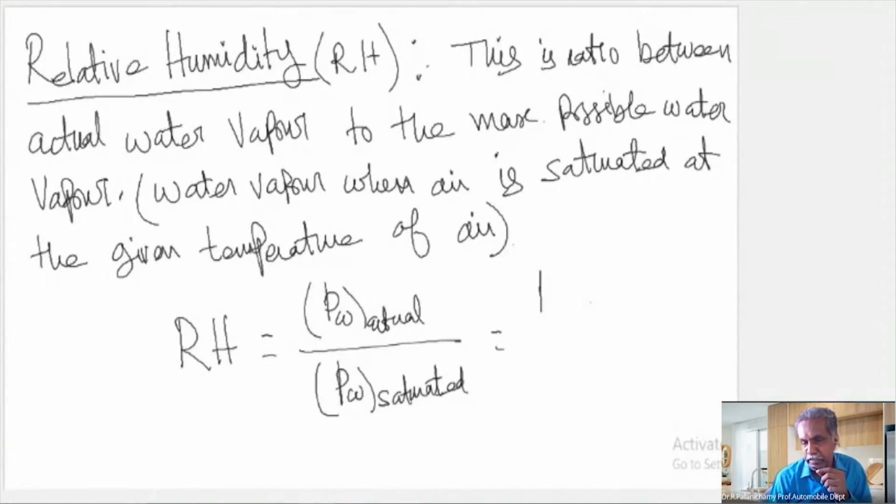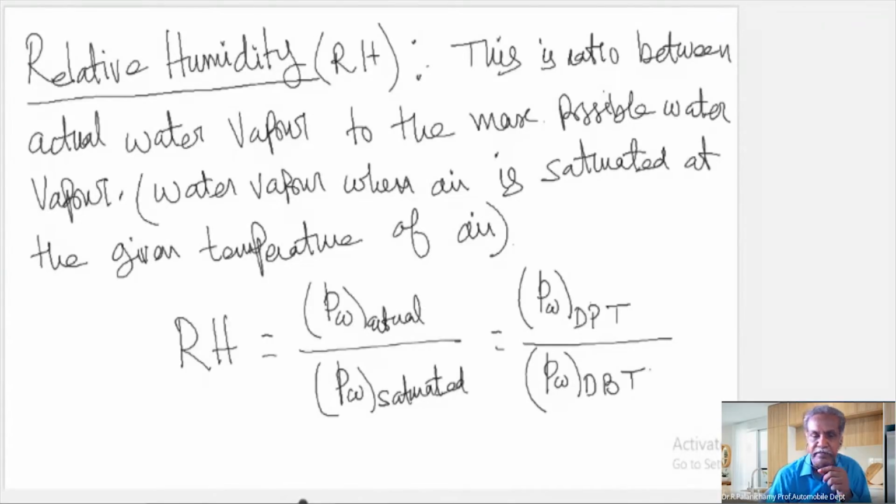Okay, so this is partial pressure of water vapor, partial pressure corresponding to dew point temperature. இது புரியல, இதை எப்படி ஆவச்சுக்க, partial pressure of water vapor corresponding to dry bulb temperature into 100. சொல்றது புரியுதா? இந்த PW dry bulb temperature, dew point temperature, dry bulb temperature தெரிஞ்சுன்னா we can get the RH, relative humidity.